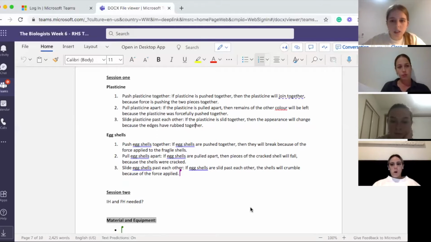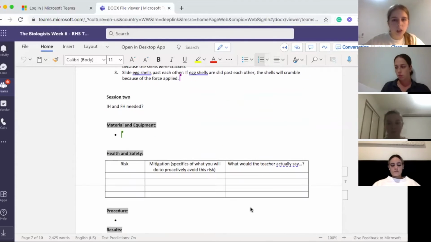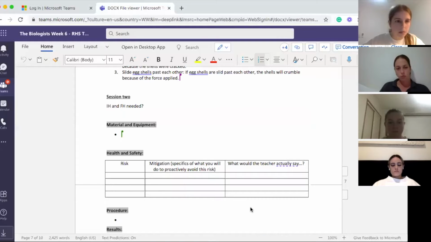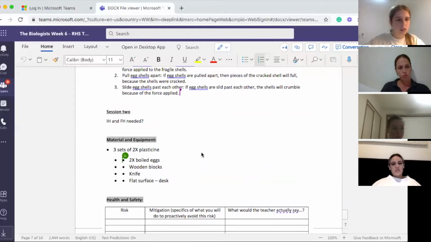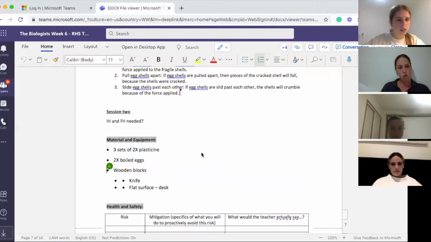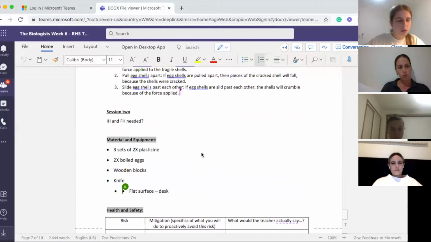Done. I put the plasticine, the eggs, the block, the knife, and the desk in. But if you can think of anything else. Yeah, there's not really much you need, hey. That's what I said.